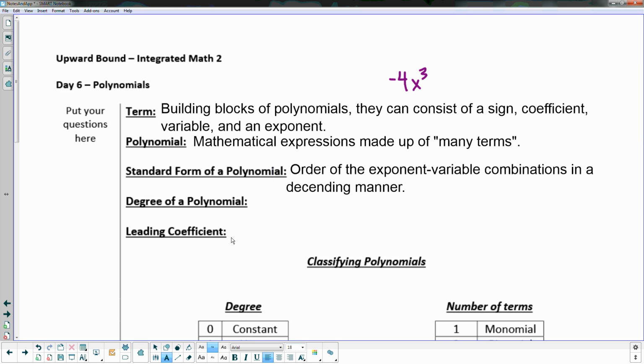So we'll look at several examples of this, but let's stick with this one, and let's say minus 2x squared plus 5x.